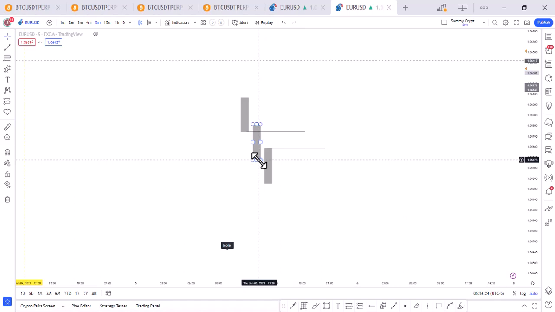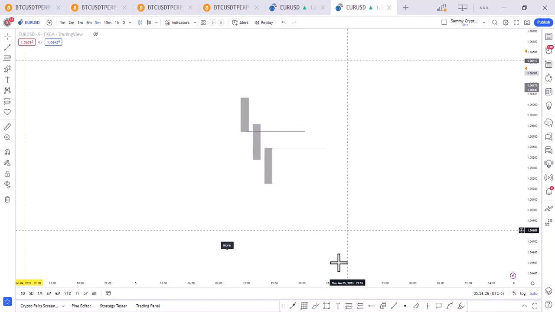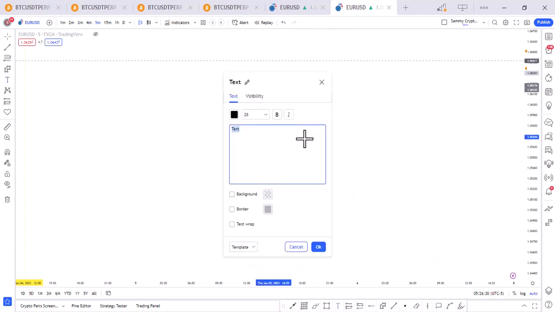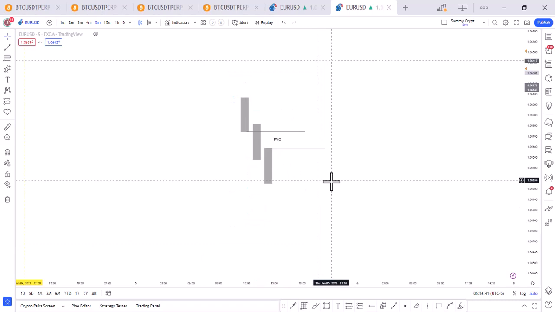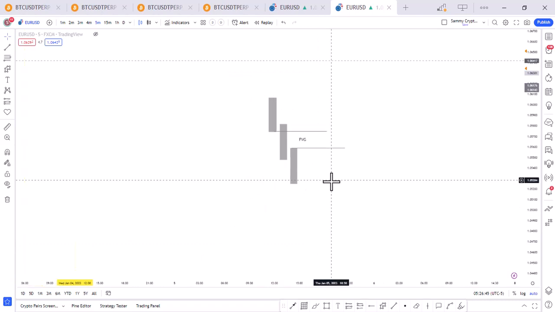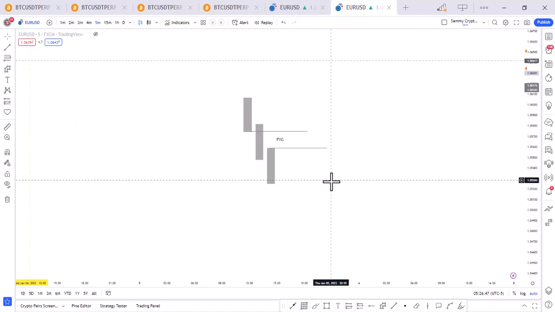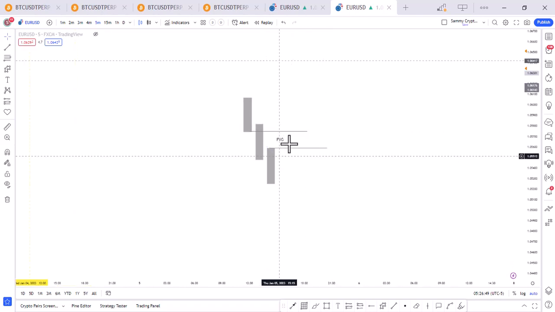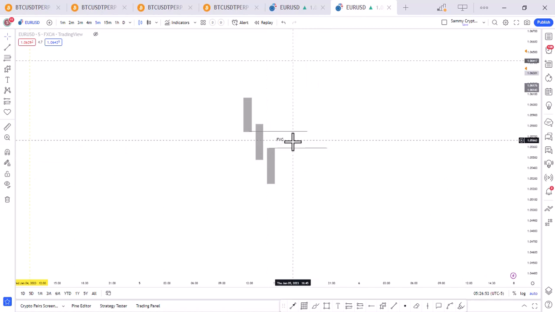Okay, so talking about fair value gap, this zone left here is what you can call fair value gap or inefficiency or imbalance. Like I keep saying, I don't argue about the names, I can call it whatever I want. I can call it my AOI, my area of interest, because it's the area where I want price to come back into.